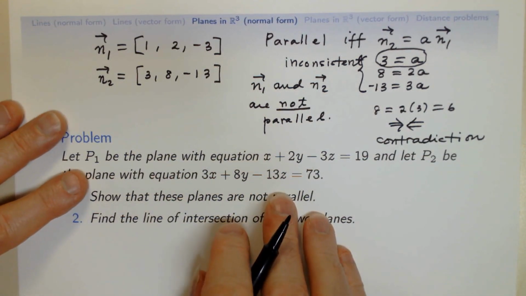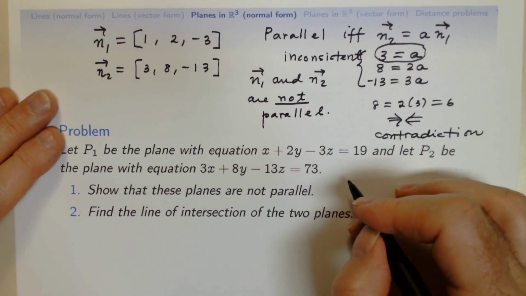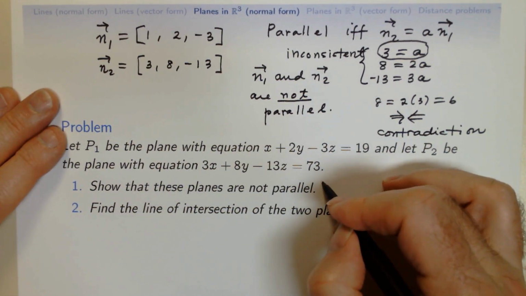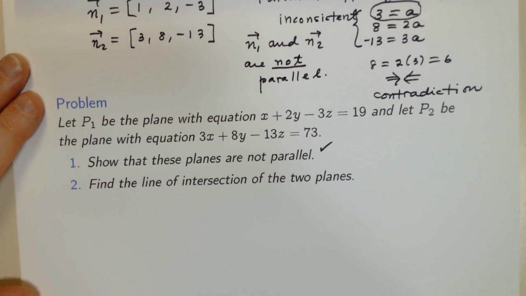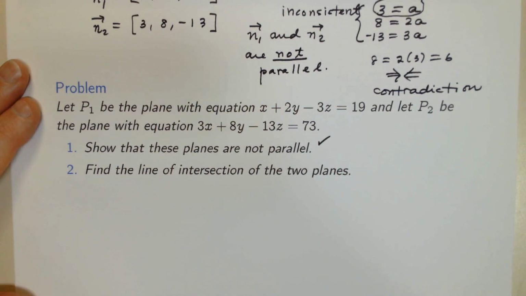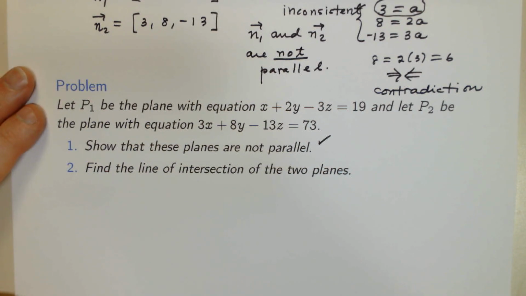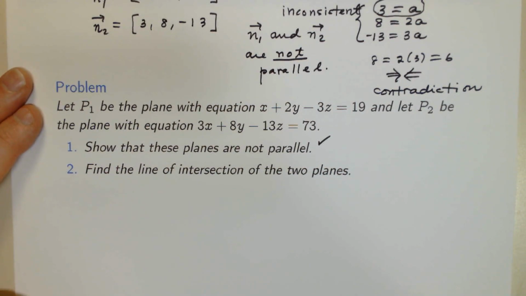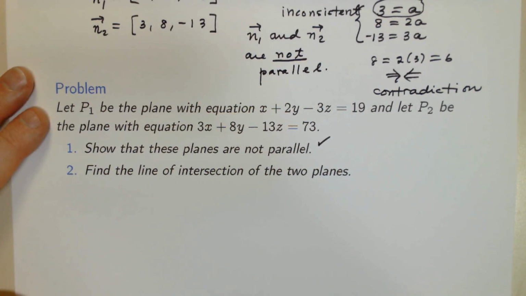Okay, so that satisfies the first part here. We know that these planes are not parallel. Now what we want to do, and this is true of any pair of non-parallel planes, is note that two non-parallel planes have to intersect in a line. You can kind of think of a picture here.